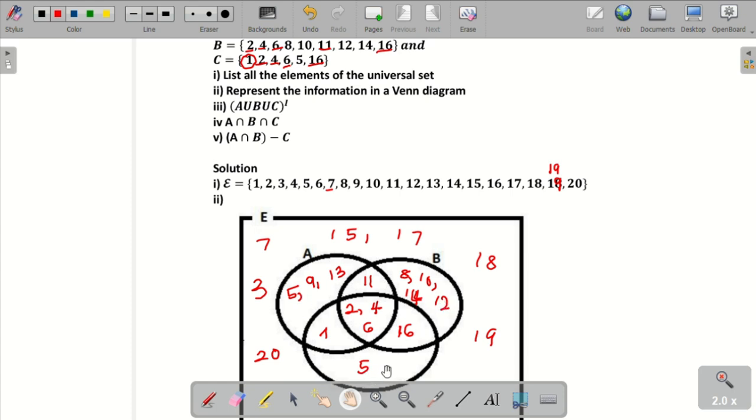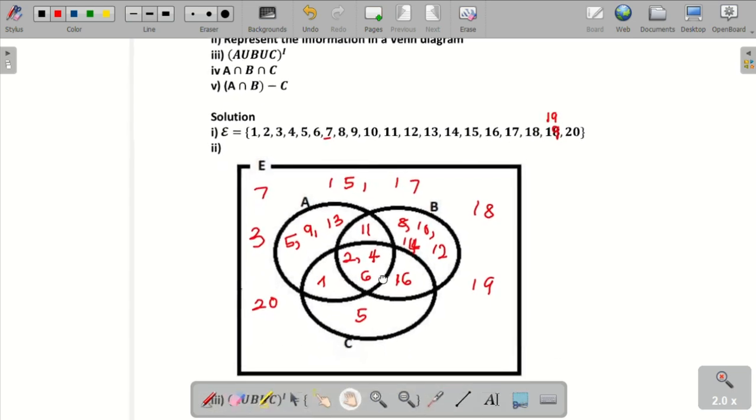So now when you are referring to (A union B union C) complement, it simply means that there are some elements that are in the universal set, but they are not present in the other 3 subsets A, B, and C. You can easily identify those as the elements written outside these circles, those present in the rectangle.